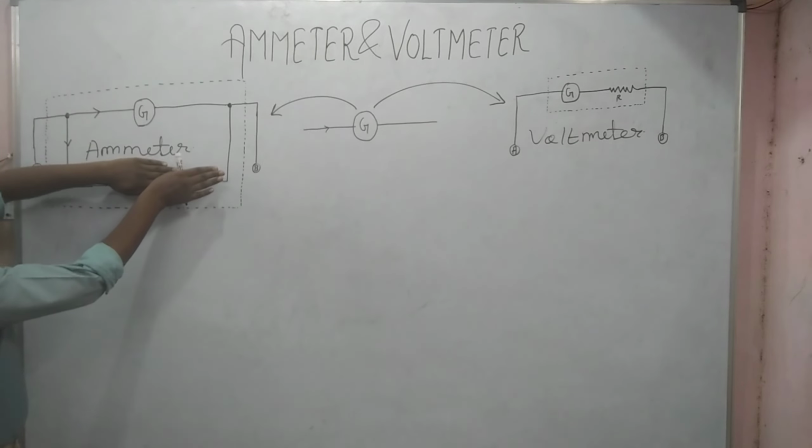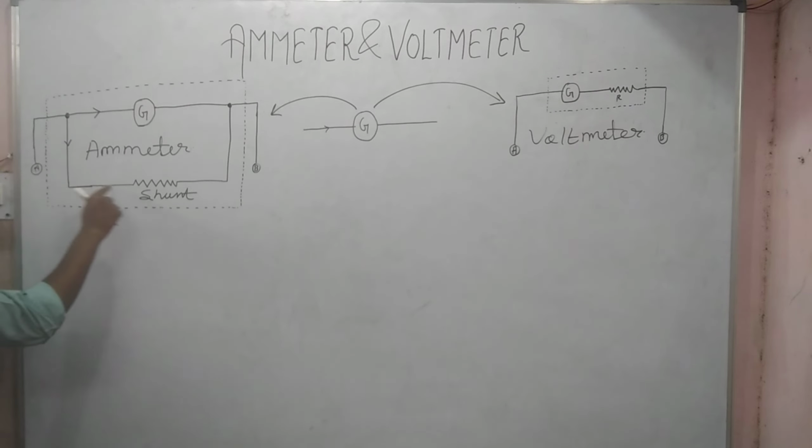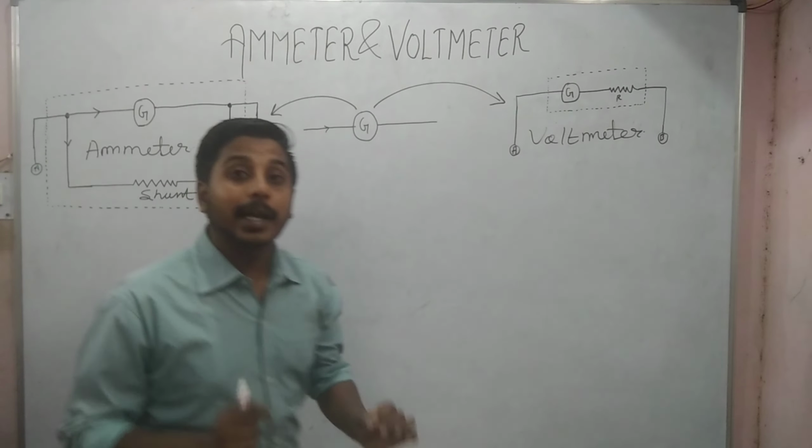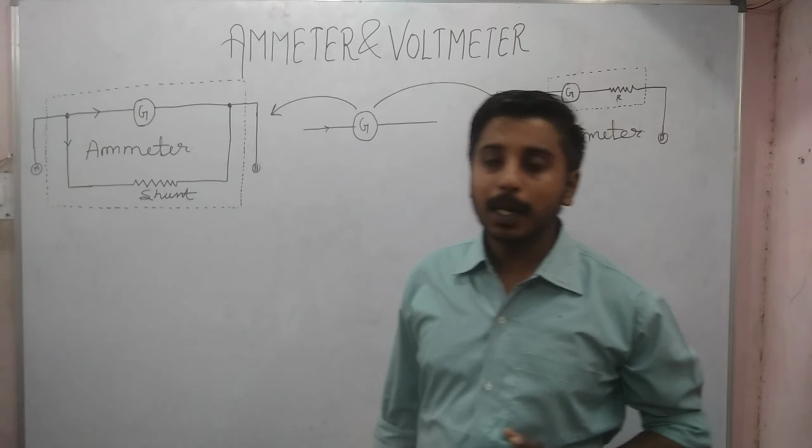If we hide this thing, you can see this one is just a galvanometer and we just added a shunt resistance, which is a small resistance connected parallel to the galvanometer. Simple.